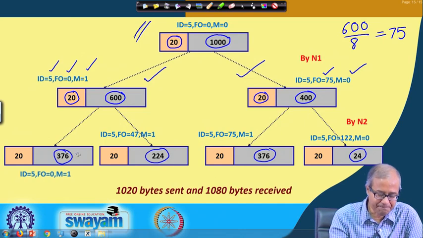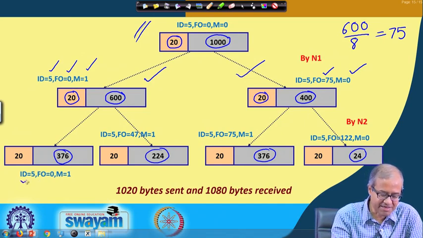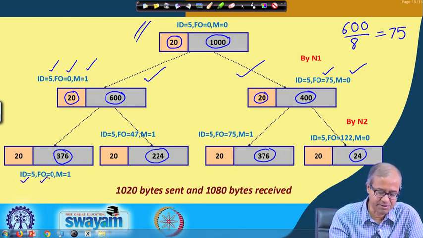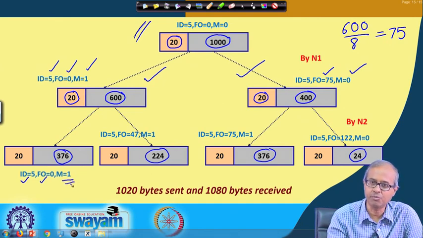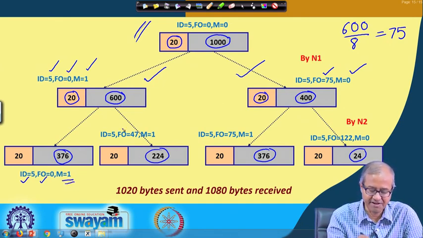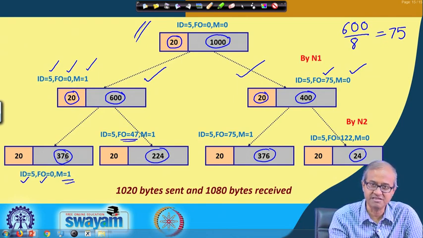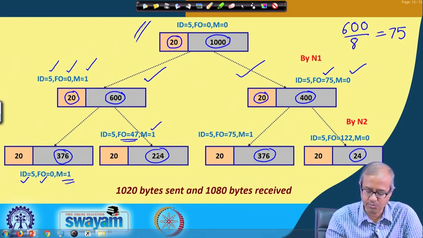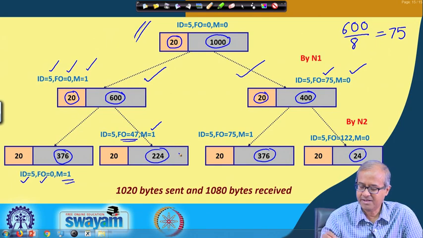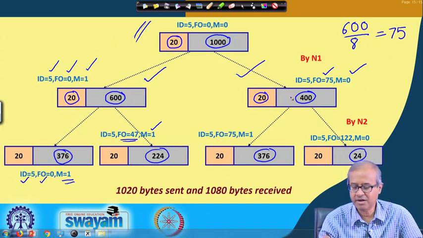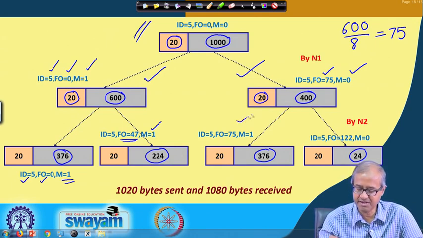So, again for this case the ID is 5, the first one has an offset of 0, and there are more packets. The second fragment generated from here will have an offset of 47, multiplied by 8 is 376, and again there are more fragments coming. And similarly for the second one, again 2 fragments will be generated.